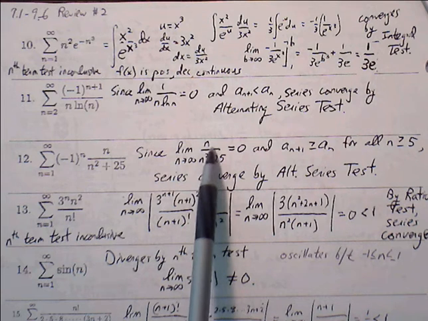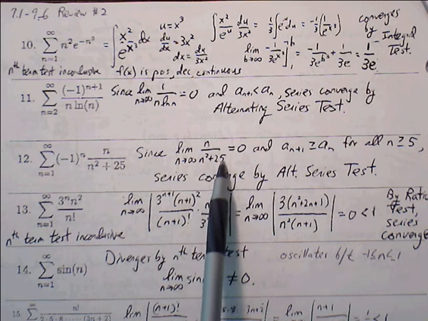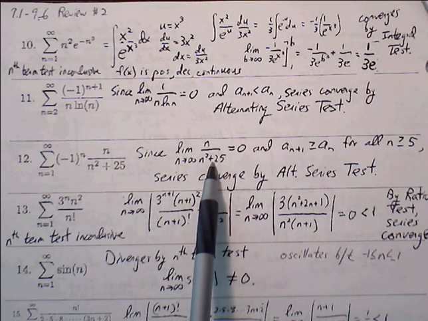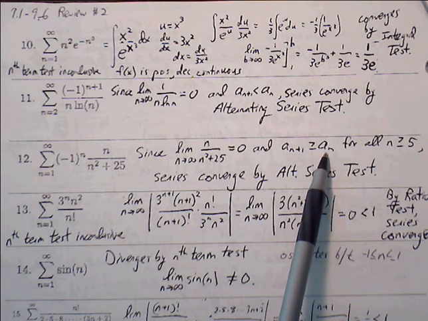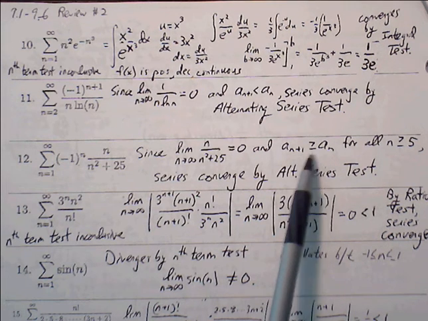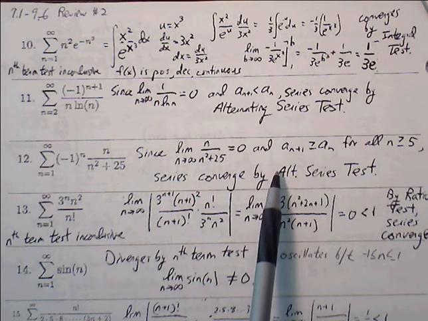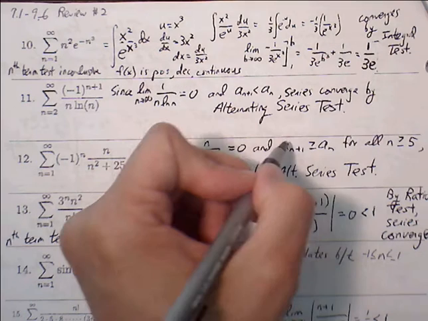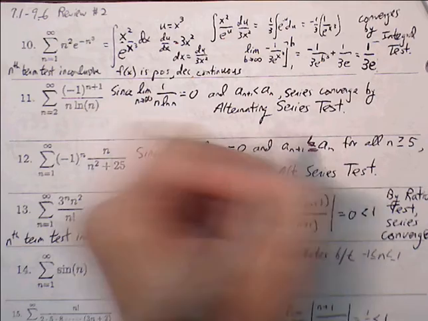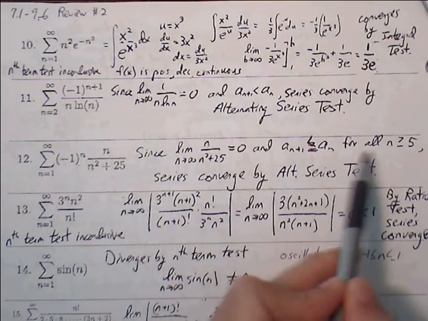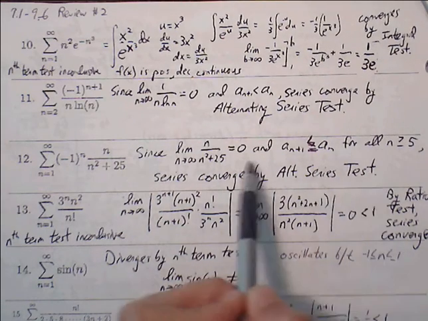The denominator is growing at a faster rate than the numerator, and eventually the limit of this expression will go to 0, and each subsequent term is decreasing. a sub n plus 1 is less than or equal to a sub n for all n greater or equal to 5, so therefore series converge by alternating series test.